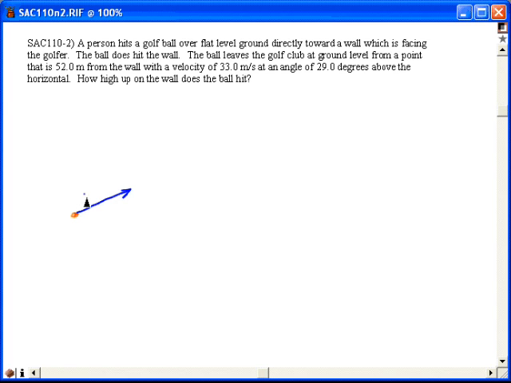Having a magnitude, I'll call that V0, of 33.0 meters per second. So let's indicate the horizontal in this diagram, and then this angle in here is given as 29.0 degrees. Alright, it hits a wall.